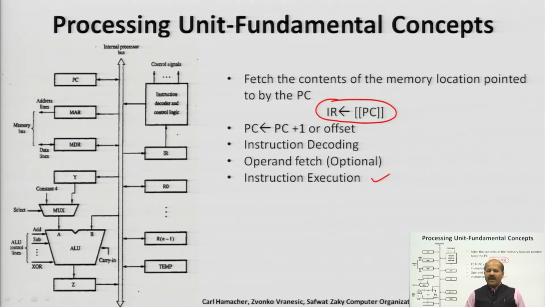First the instruction is fetched, its address given in PC, and PC will be incremented by 1 or some offset value. The instruction will be decoded in the instruction decoder, and after that, if there is a requirement of some operands, those operands will be fetched and finally execution will take place.